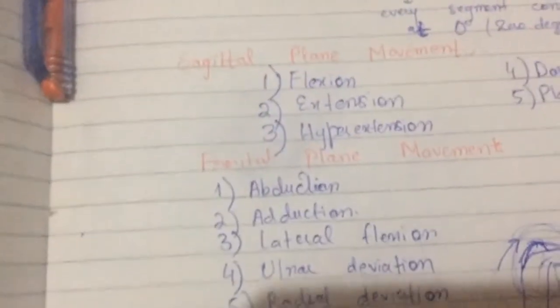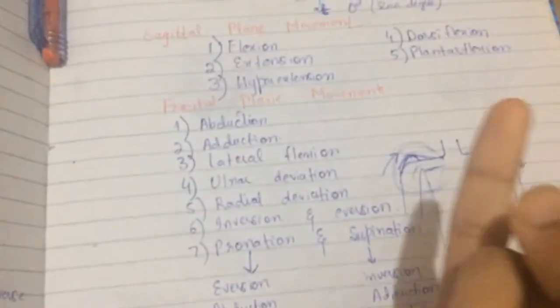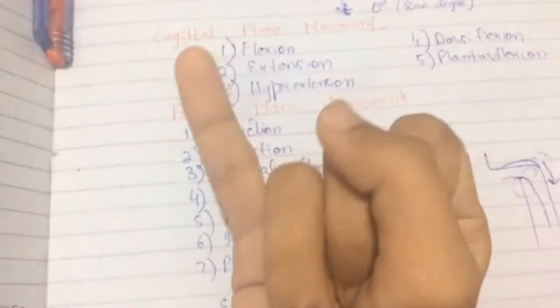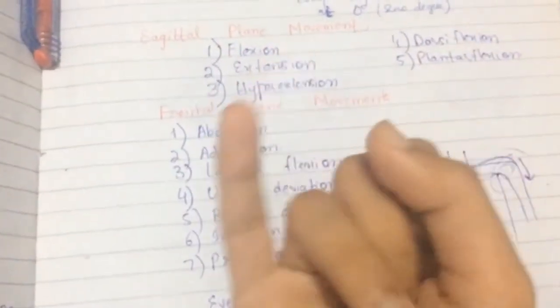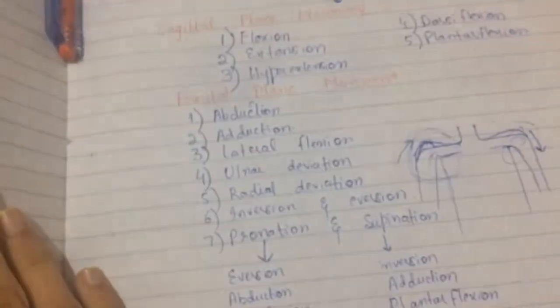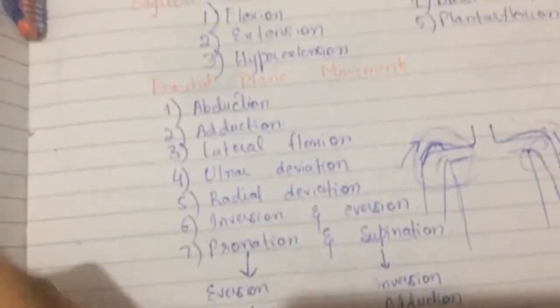The other movement is circumduction: if we form a complete circle from our little finger, completing the whole circle, this is called circumduction. Circumduction is a combination of four movements: flexion, extension, abduction, and adduction.